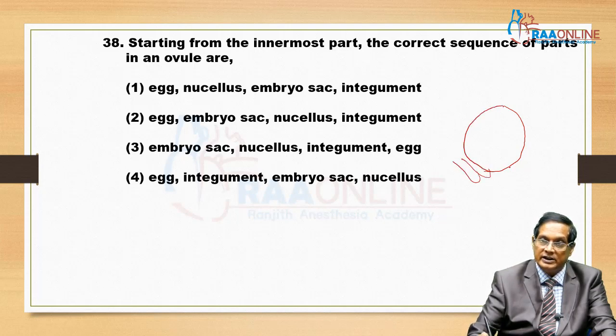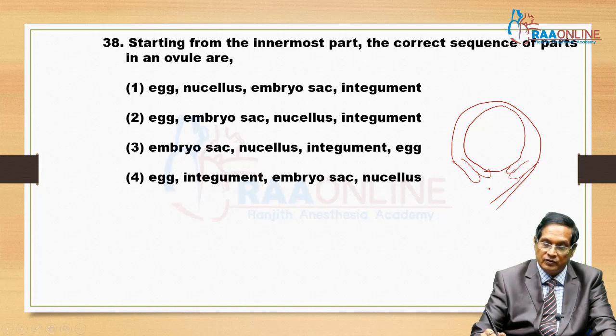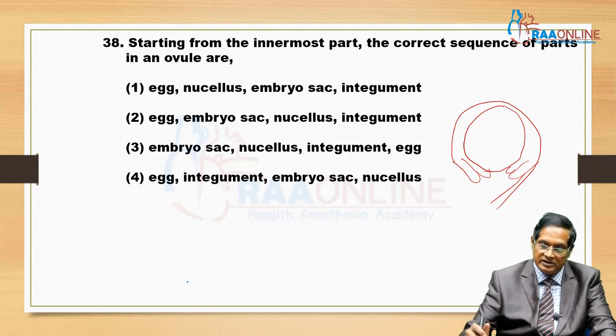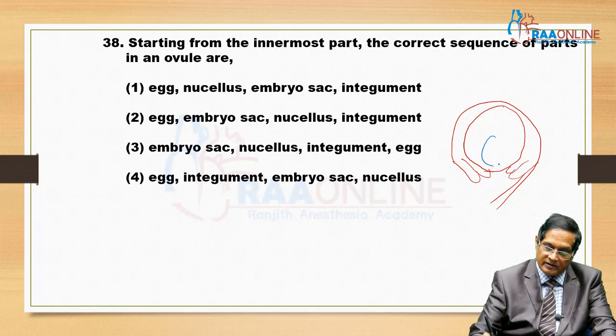These two are the integuments. Now this whole structure is the ovule, and within the ovule the embryo sac is present. In the embryo sac, this is the egg cell, and these are the synergids.